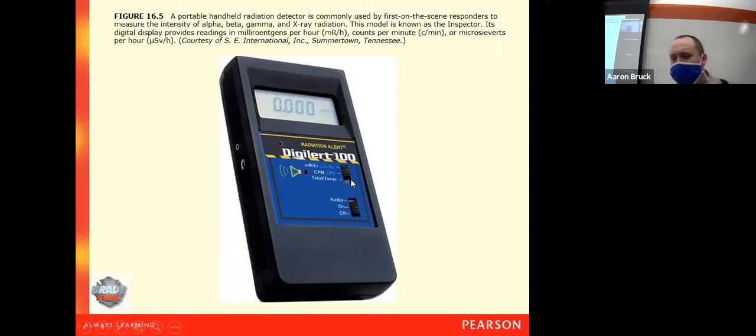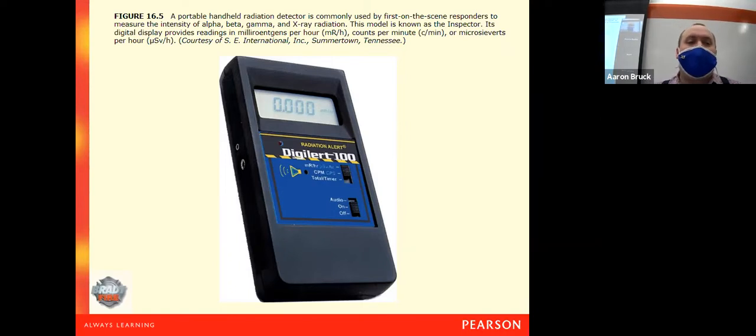So again, it's a box. It's about that large. Fits relatively easy inside your hand. Used by first responders, used by others. And again, you'll use something very, very similar to this in the lab on Friday.